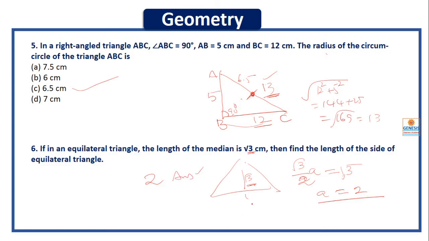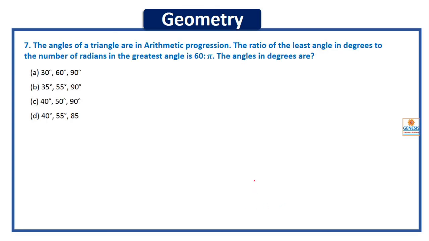So if angles of a triangle are in arithmetic progression, the ratio of the least angle in degrees to the number of radians in the greatest angle is 60 by 5. If I take arithmetic progression, it means A minus D, A plus D, where D is the difference between the angles.